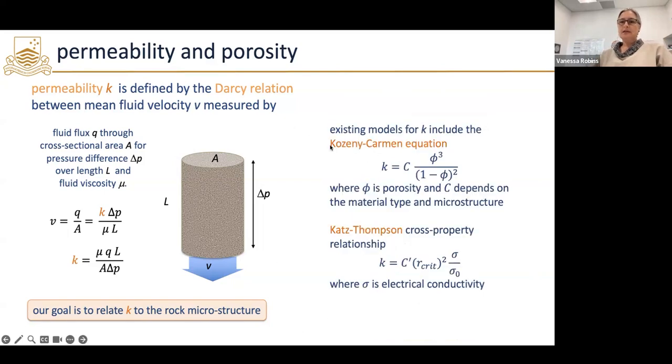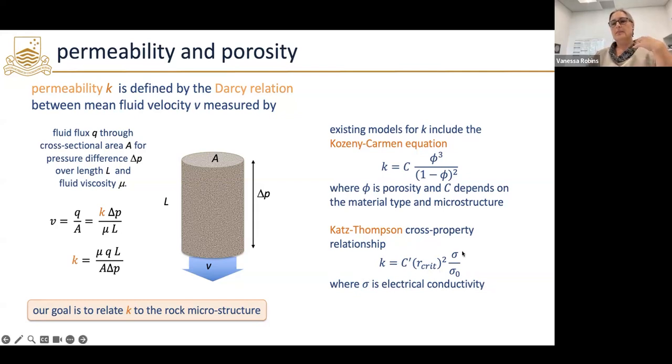So the existing models are that Kozeny-Kármán equation, which depends on the class of material. And then there's another very popular and successful relationship called the Katz-Thompson cross-property relationship. This relates permeability to electrical conductivity. You can measure the electrical conductivity if you put a conducting fluid through your sample, like a salt brine.